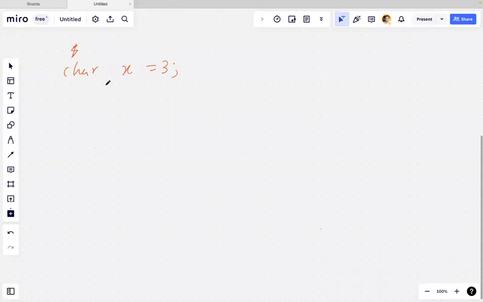Here you have to provide unsigned char. Char takes 8 bits: 1, 2, 3, 4, 5, 6, 7, 8. The same value 3. 3 means 1, 1. Here 1, 1. The leading bits are filled as zeros.